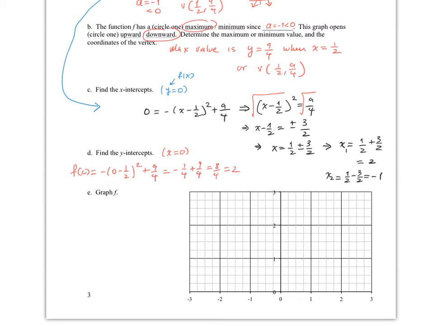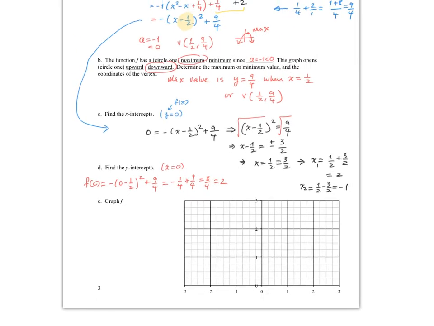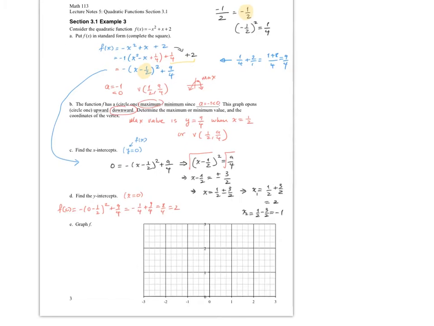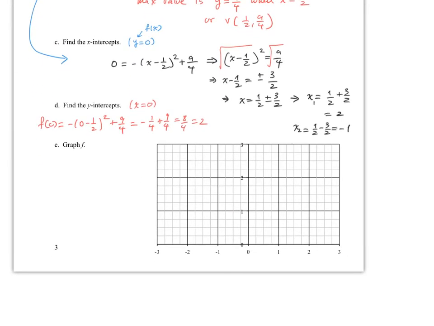Now, finding the y-intercept is actually easier if you just look at the original equation. So notice that if you plug in x equals 0, this disappears. The only thing left is 2. So I just did it a long way to show you that you should get the same answer. So therefore, the coordinates for the y-intercept is the point x equals 0 and y is equal to 2.